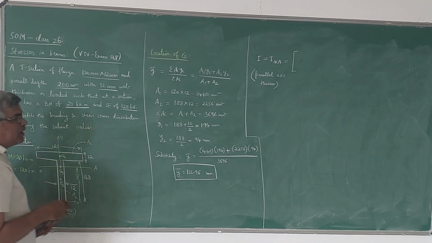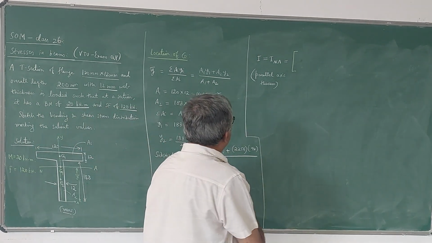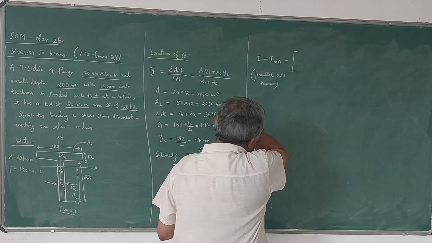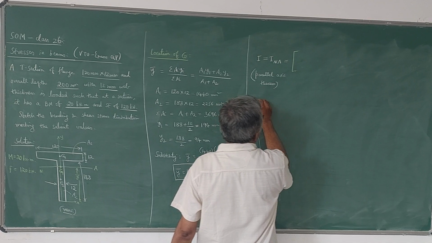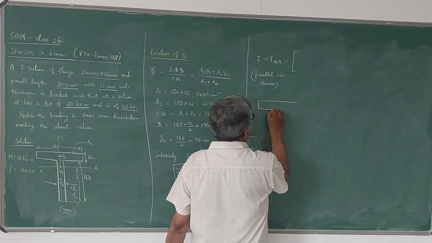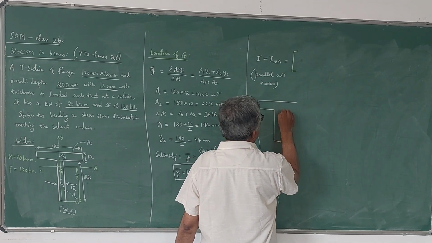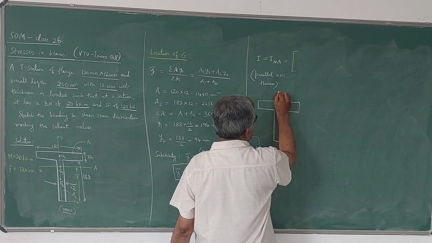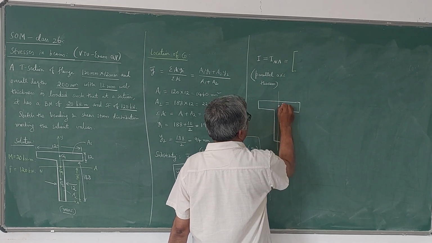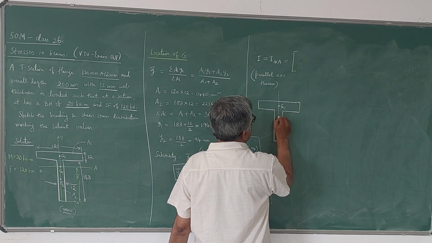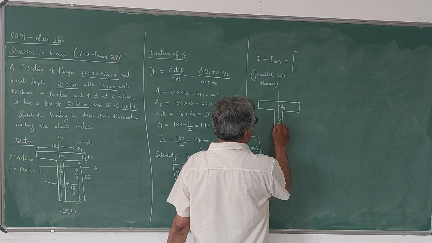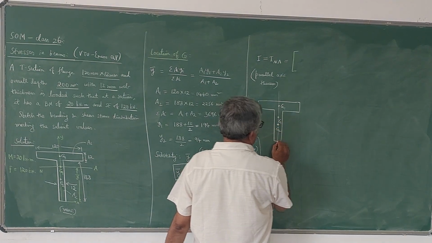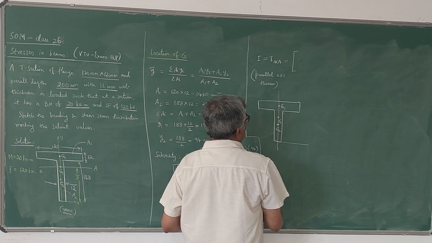So please note that. Here we need these distances for calculating the moment of inertia. This is G1, G is here, G2 will be here.